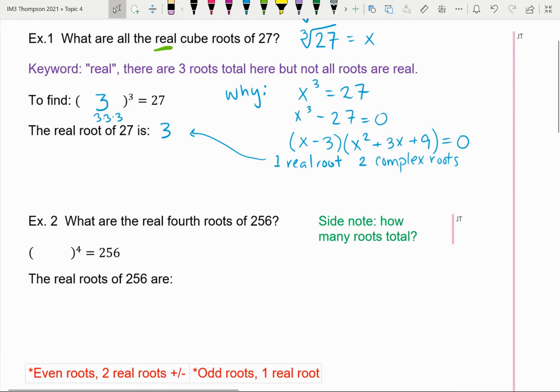Example 2. What are the real fourth roots of 256? If I were to write that with algebraic terms, that would just be the fourth root, where 4 is the number in the index of the radical, of 256.